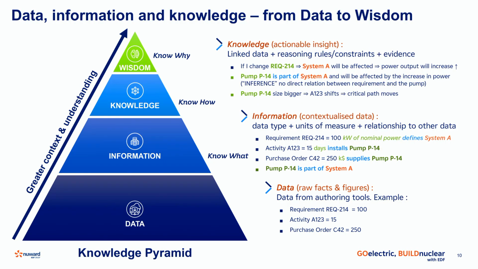Starting at the bottom, I'm sure you have probably seen this pyramid before. In this day and age, we digitalize our processes, we digitalize a lot of our solutions, and we produce a huge amount of data. This data needs to be put in context to form meaningful information that can then be used by people to make decisions.